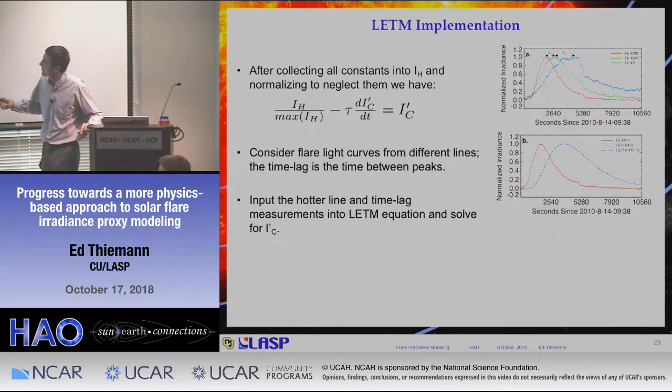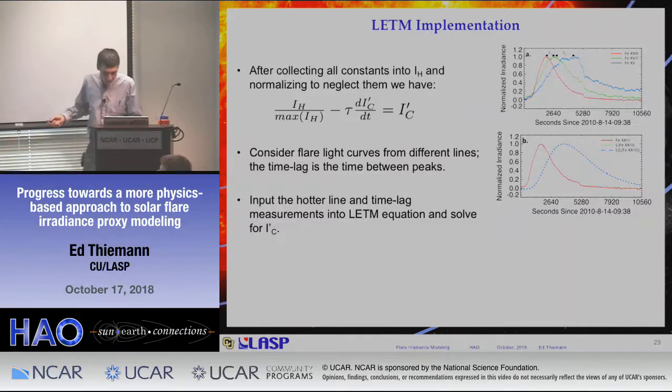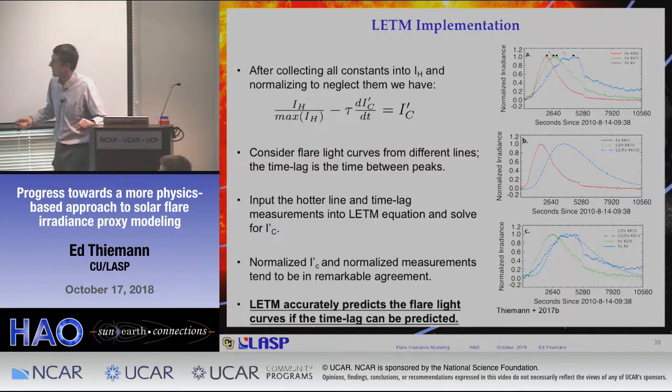And then if we now take this green curve and put it back in the equation for IH, and then use our second time lag here, we get the blue curve. And it turns out that it agrees remarkably well with the observations.